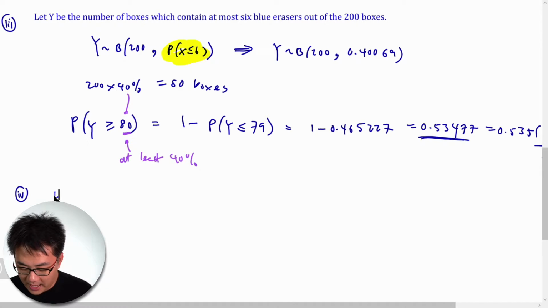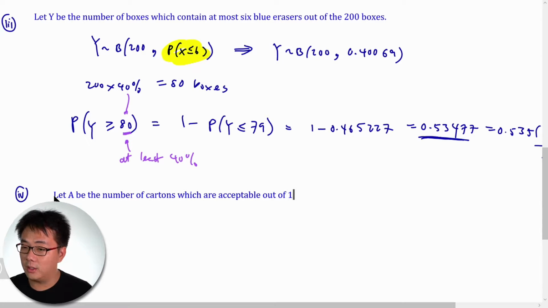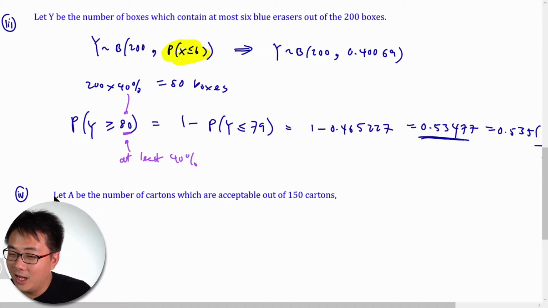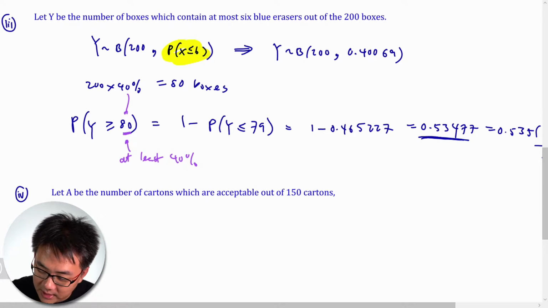Let A be the number of cartons which are acceptable out of 150 cartons. It's very confusing.